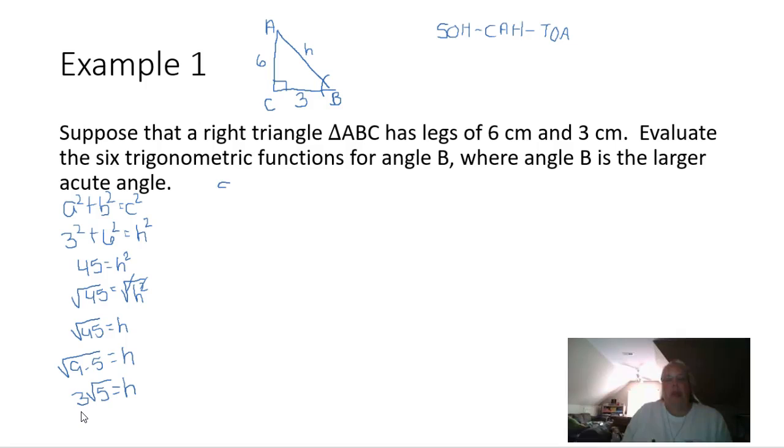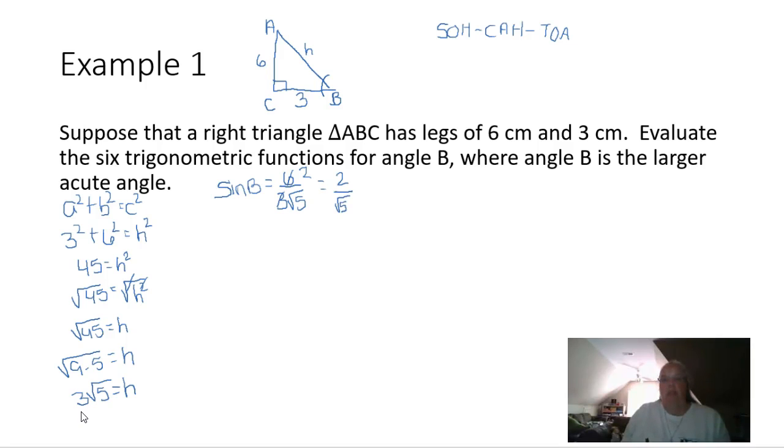All right. The sine for angle B is going to be the side across from angle B, that's going to be 6, divided by the hypotenuse we just found. This is 3 times the square root of 5. And it looks like 3 can go into 6, so this reduces to 2 over the square root of 5.